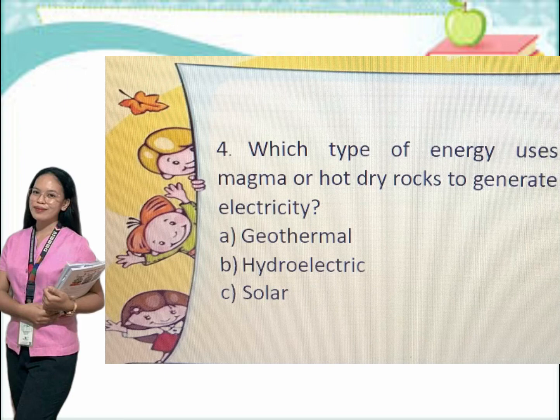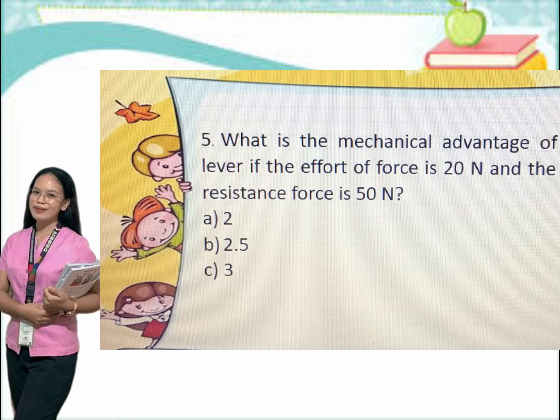B. Hydroelectric. C. Solar. Next is number 5. What is the mechanical advantage of a lever if the effort force is 20 N and the resistance force is 50 N? A. 2, B. 2.5, and C. 3.